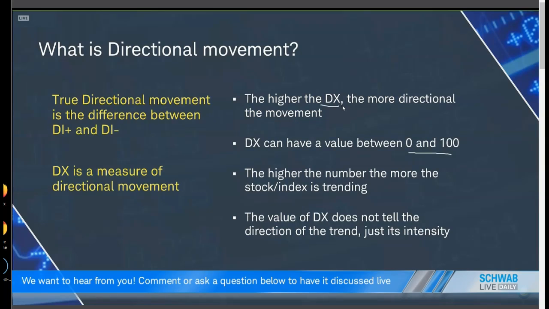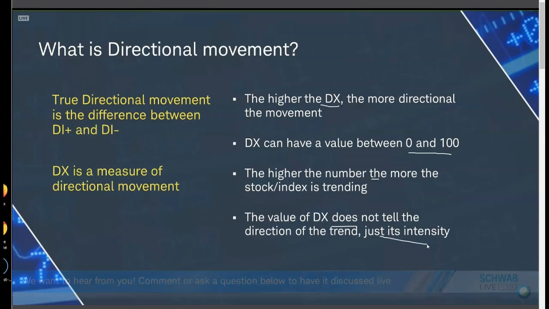So the higher the number, the more the stock or index is trending. If you just looked at DX by itself, you could tell if a stock was trending perhaps, but you wouldn't know the direction of the trend, because all DX is telling us is the strength of the trend, not the direction.